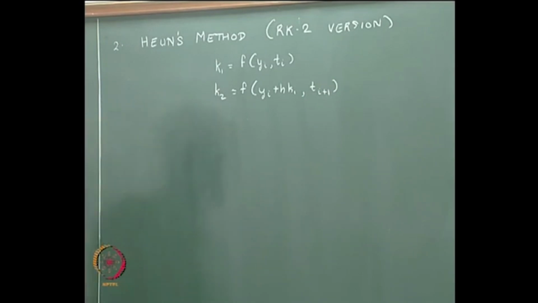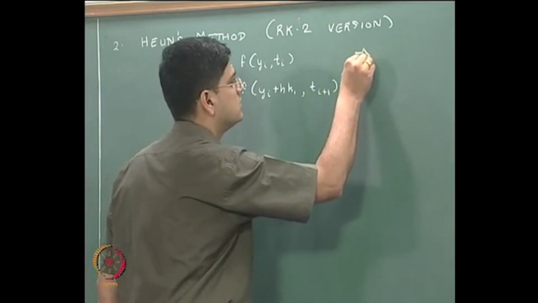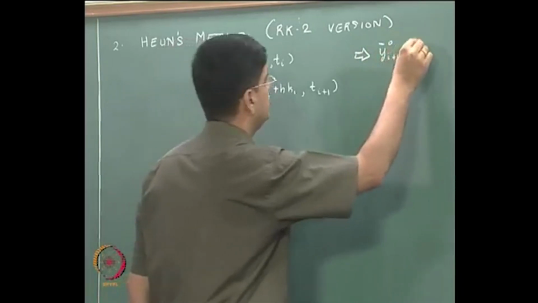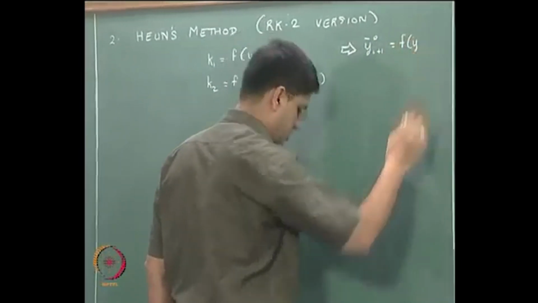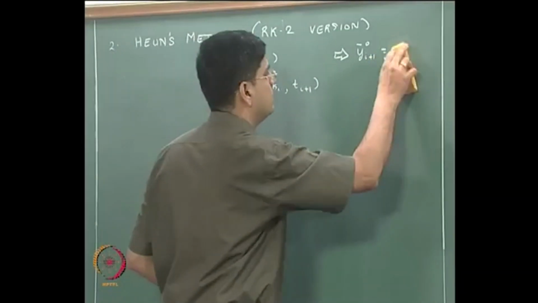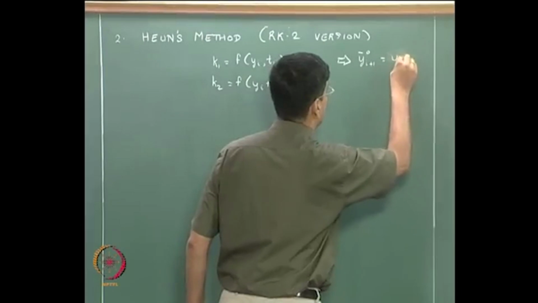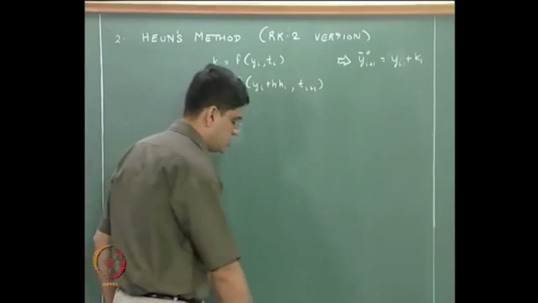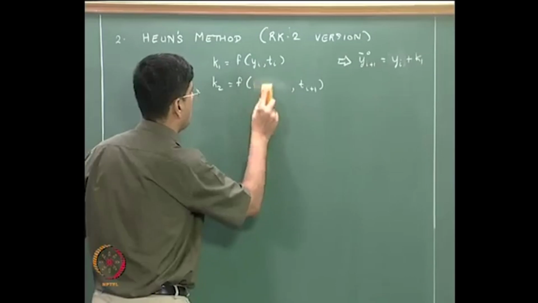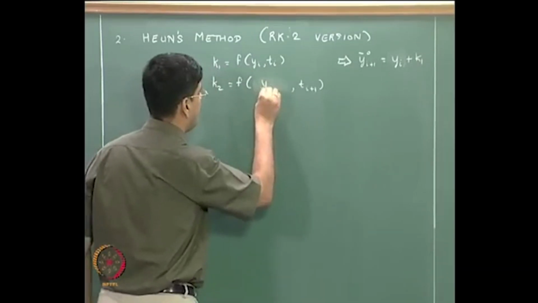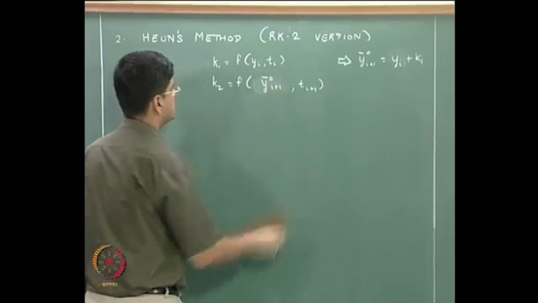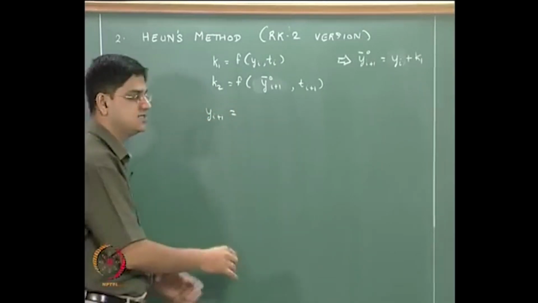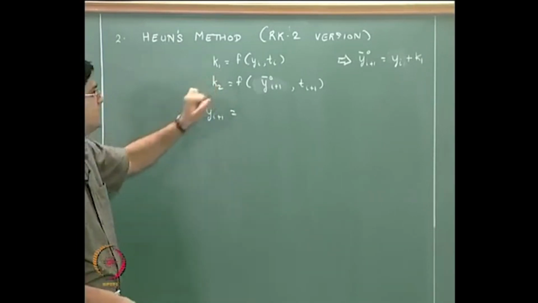At this stage we could write y_{i+1} bar 0 equal to y_i plus h times K1. Then we can write f of y_{i+1} bar 0, and our y_{i+1} is y_i plus h times s, where s is one half multiplied by K1 plus K2.